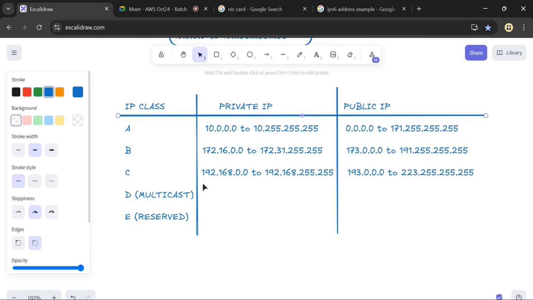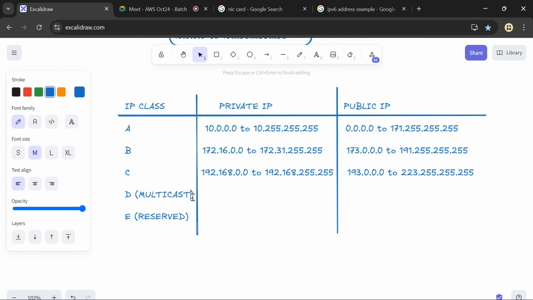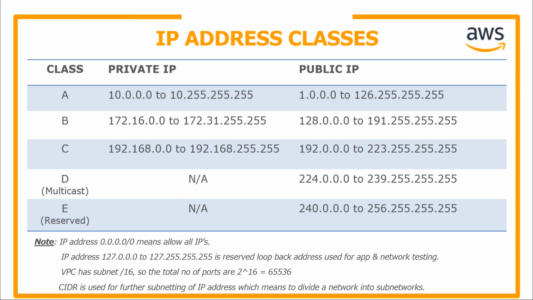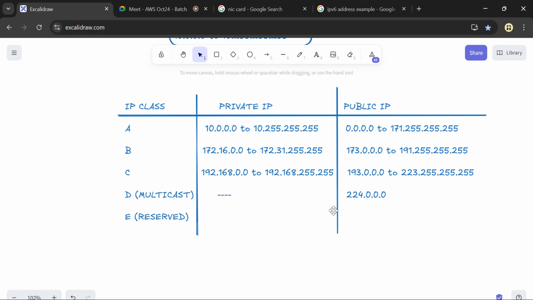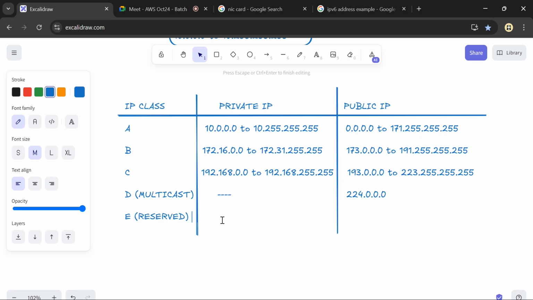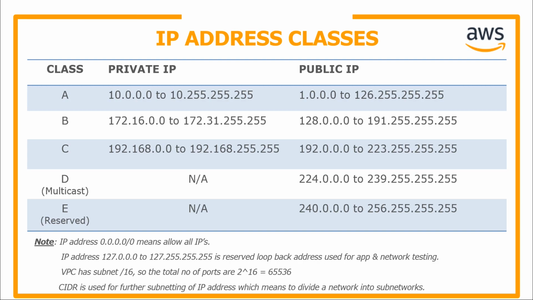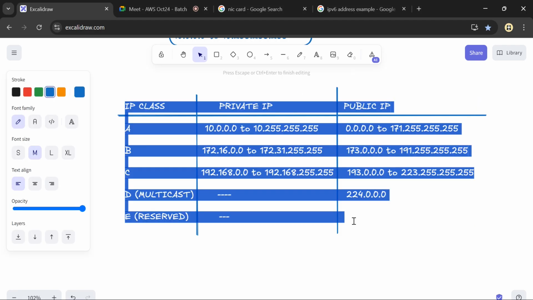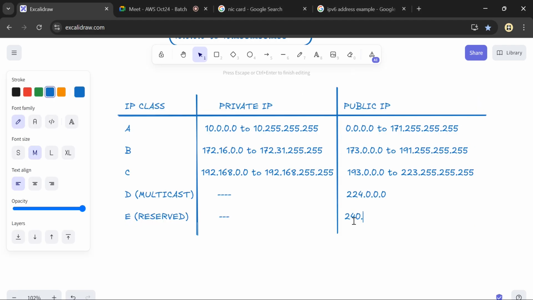Okay, in this we don't have any private IPs, so there are no private IPs here. But here you have the range starting from 224.0.0.0. And again in the reserved class we don't have any private IPs, but it will start from 240.0.0.0 to the last number, that is 255.255.255.255.